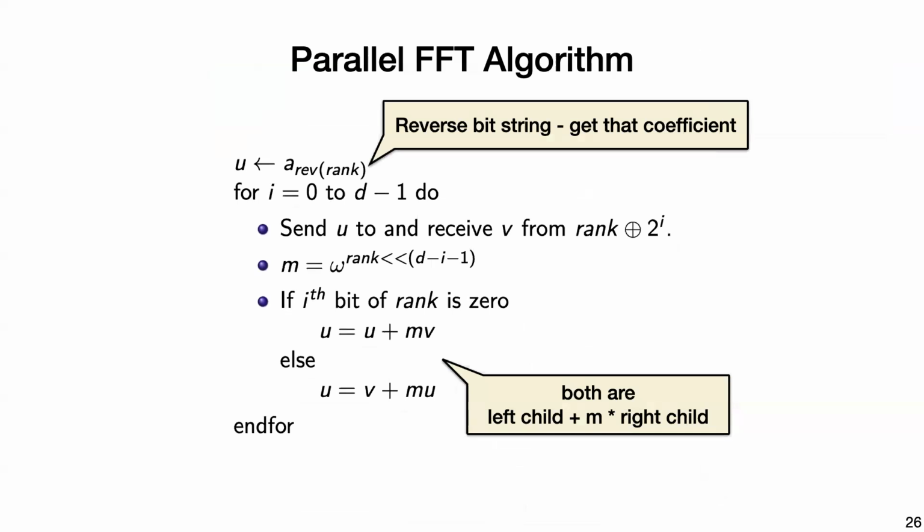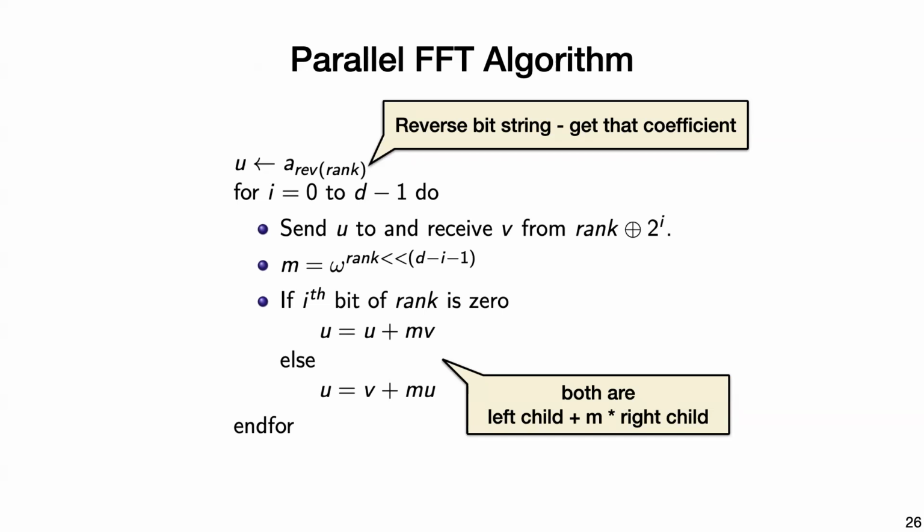And after all of this, there's just this really tiny bit of code. For every rank, so everybody has some rank, let's assume we have n ranks in the beginning, and we just reverse the bit string. The reason that we're reversing the bit string is, if you remember in the tree picture, the leaf order in the tree is the reverse of which power of omega we're computing.